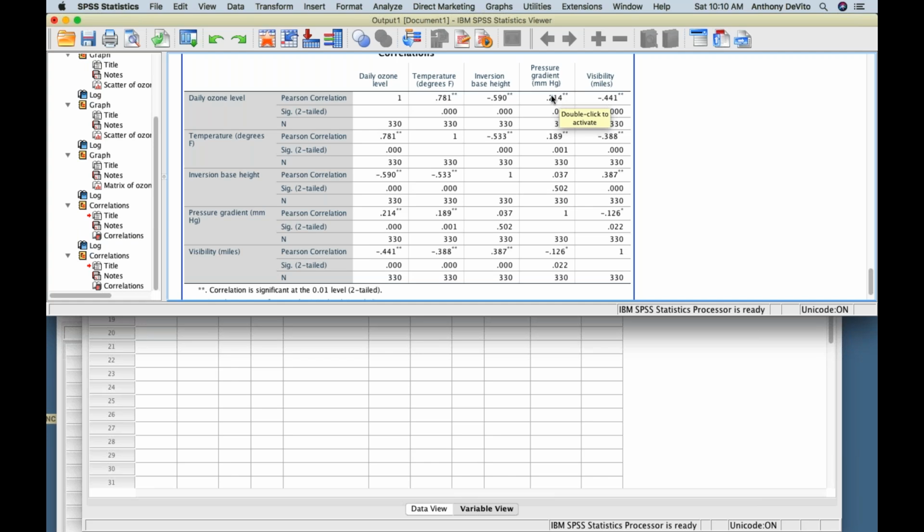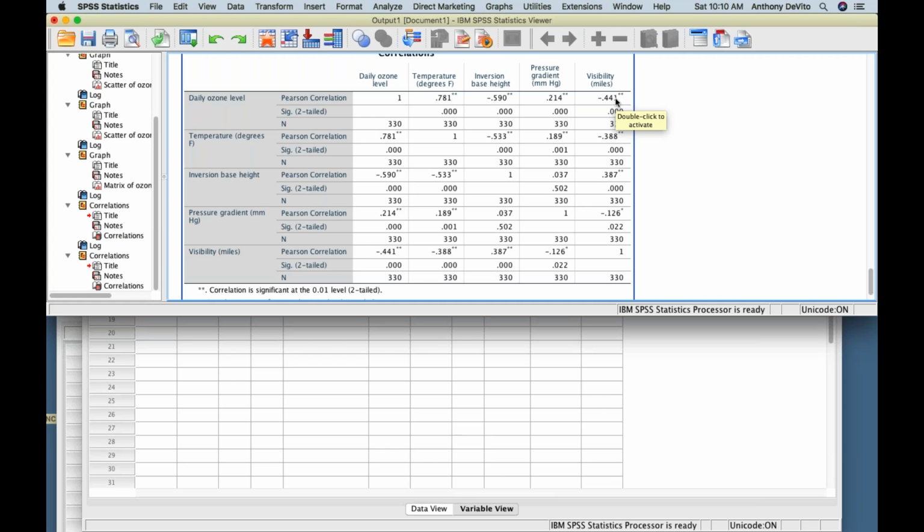And visibility, again, this is looking horizontally, it's not cloud cover. The higher the visibility, the less smog there is, the less material there is in the air, less photochemicals there are in the air, and that would suggest that the ozone number is lower on those days.